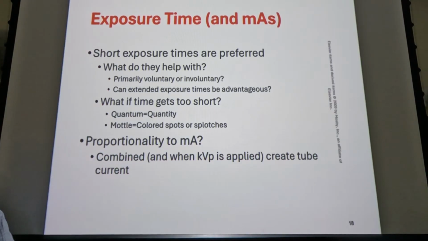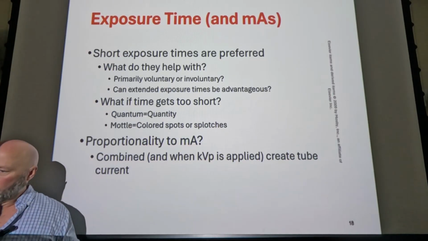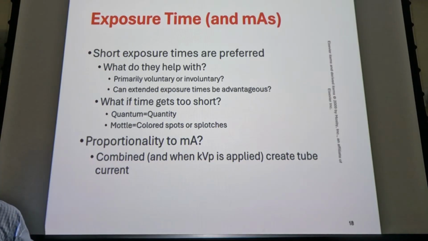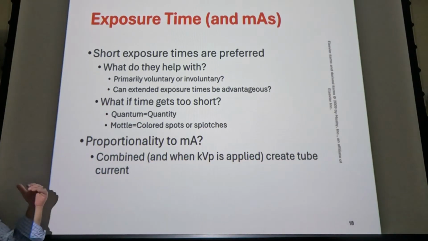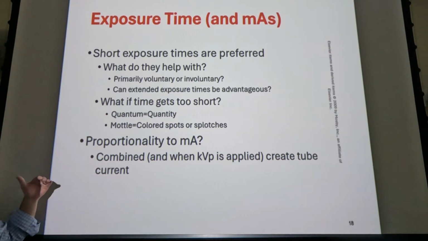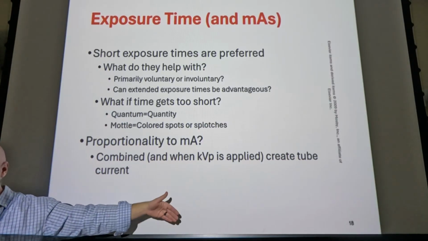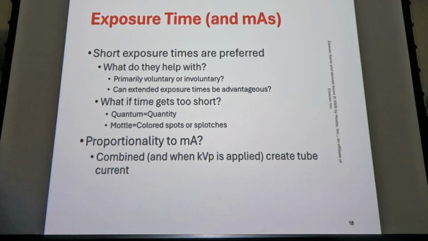Tube current is where the electrons travel from cathode to anode. Whenever you're rotoring, it's just in the cathode itself. You're just heating up the filament. You don't get tube current until you press exposure, and then the exposure time is just that. It's the time that the electrons are jumping from cathode to anode to create your X-rays. That's your exposure. Okay.